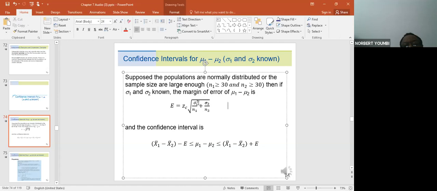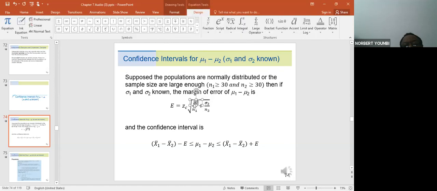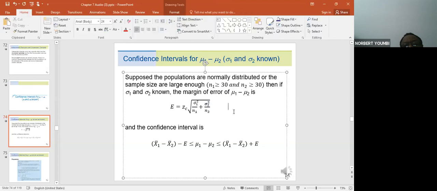Okay, this is what we are supposed to get. But you are going to use calculator. I just wanted to fix the formula. It's sigma 1 square over n1 plus sigma 2 square over n2, taking the square root and multiplying by zc. Zc is the critical value when we are using the z distribution.